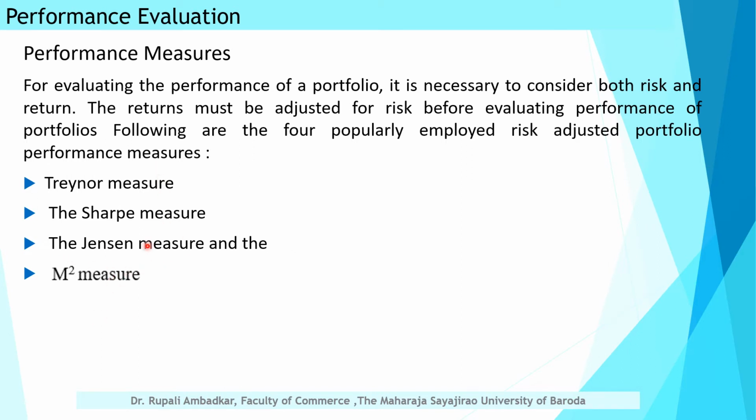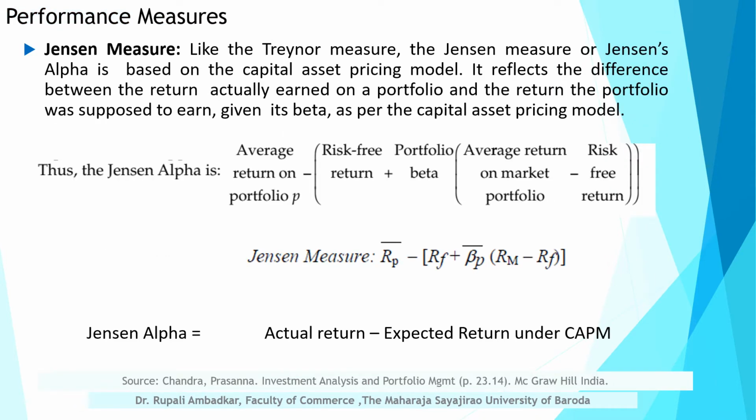Today we are going to learn about the Jensen's measure, which is also called the Jensen's alpha. So the Jensen's measure, like the Treynor's measure, is based on the capital asset pricing model. We have learned what the capital asset pricing model is earlier.